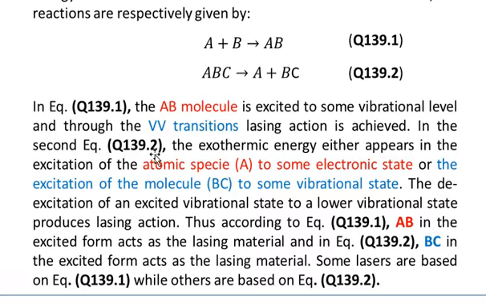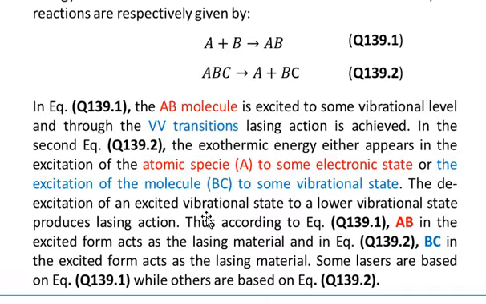In the second reaction, that is in equation number 2, the exothermic energy either appears in the excitation of the atomic species A to some electronic state, or the excitation of the molecule BC to some vibrational state. So you see that in equation number 2, the products of this dissociation are A and BC, where A could be an atomic species excited to some electronic state, and BC is a molecule excited to some vibrational state.